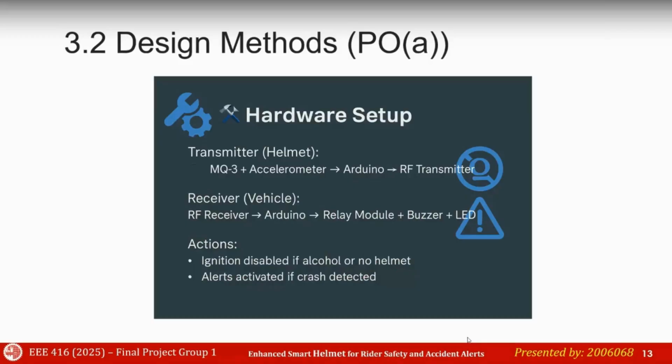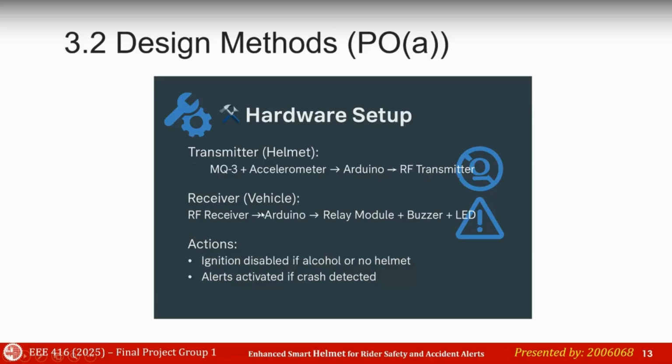Now let's discuss the hardware setup of our project. In the transmitter circuit, we are using the MQ3 sensor and accelerometer as our sensors, and those sensor data are collected and processed by Arduino Uno, and then through the RF transmitter, the data are sent to the receiver module.